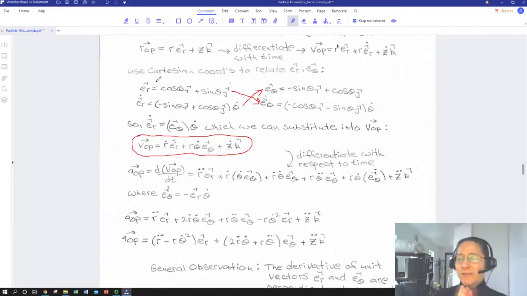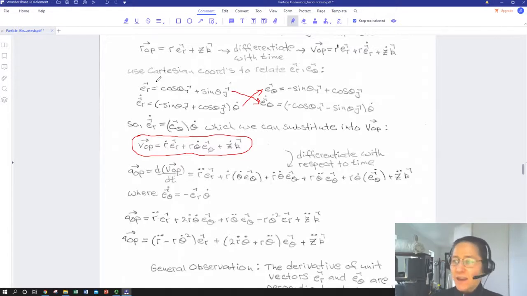So effectively, the time rate of change of those cylindrical coordinates is the other cylindrical coordinate. It's that direction. So if you're looking at your radius vector and saying, what is the direction that says this is how my radius vector is changing?